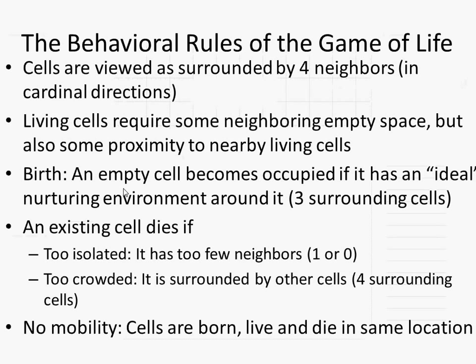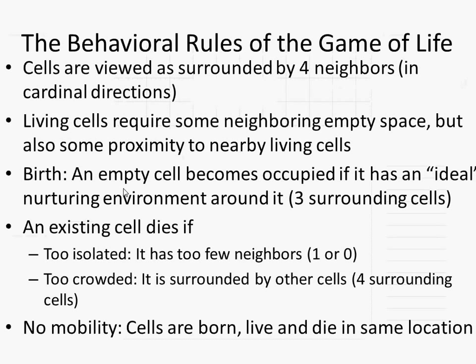But they need some other cells nearby them to continue to live as well. So they require some neighboring empty space, but also some proximity to nearby cells. There needs to be enough of a neighborhood around them of other cells that they don't die from isolation, but not so many that they die from crowding.